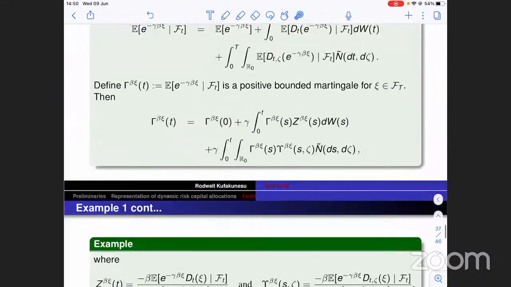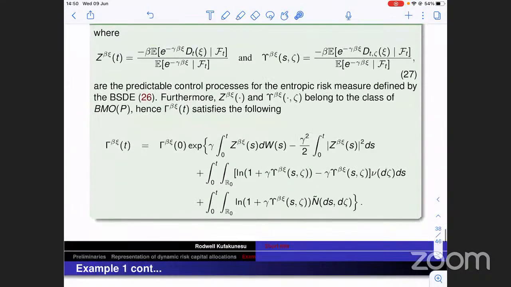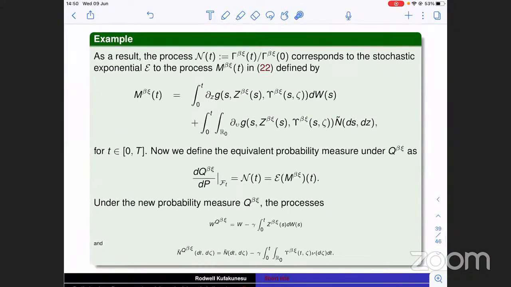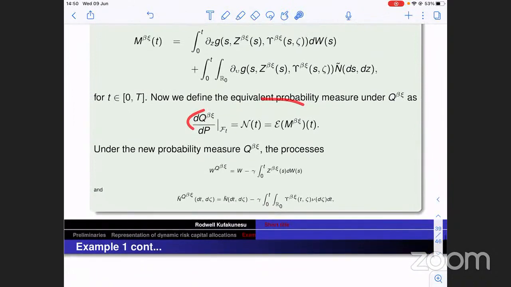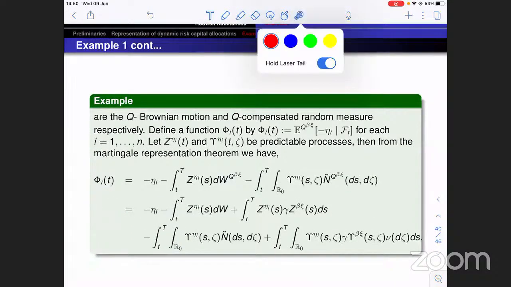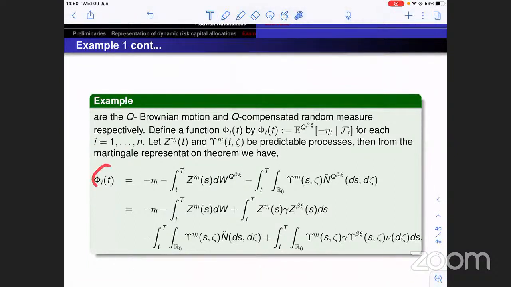Where am I now? Here. All right, so at the end, I think I'm at the correct place. We can write it in this form. And then these are the transformations we need to do for the noises. And the phi will be given in this format.